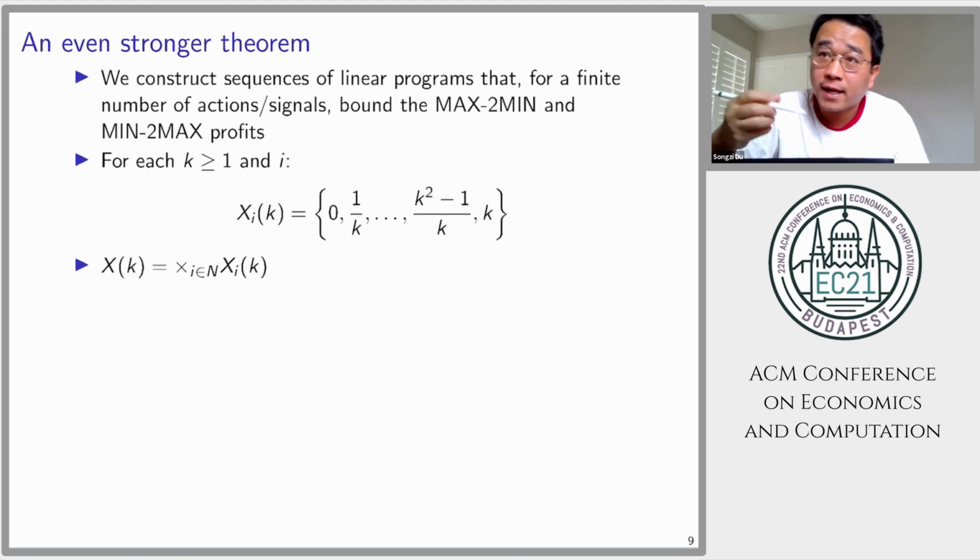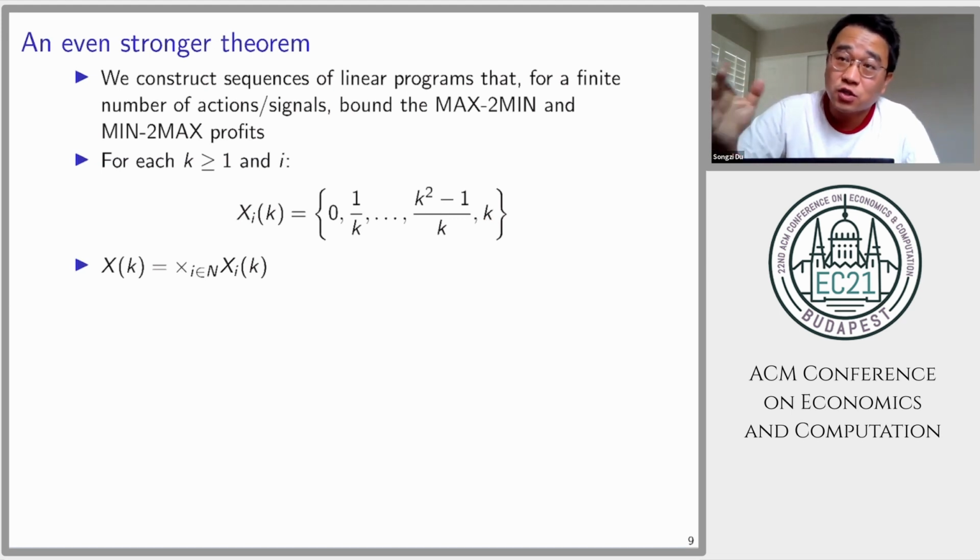Then I'm going to take k to infinity, so the upper bound on x goes to infinity. Simultaneously, the size of the grid goes to 0, so we have an approximation of the positive real line as k goes to infinity.